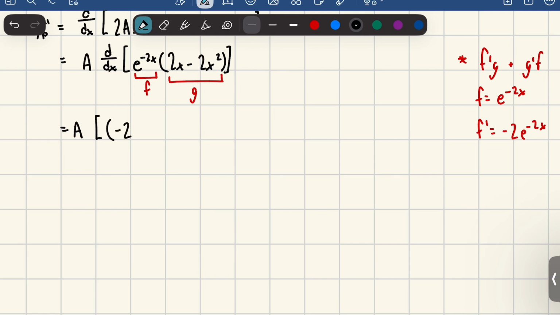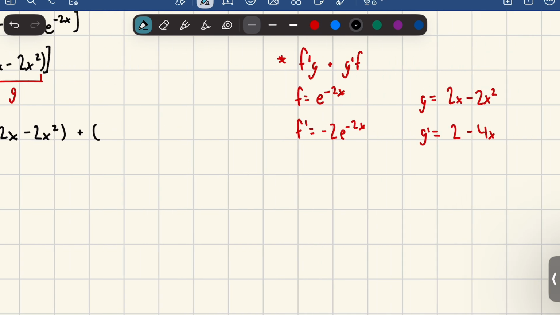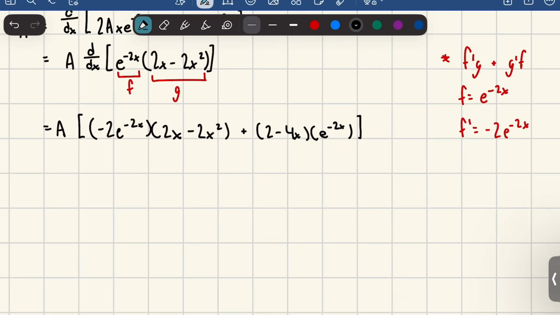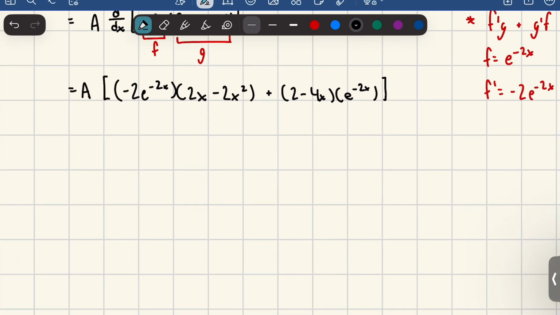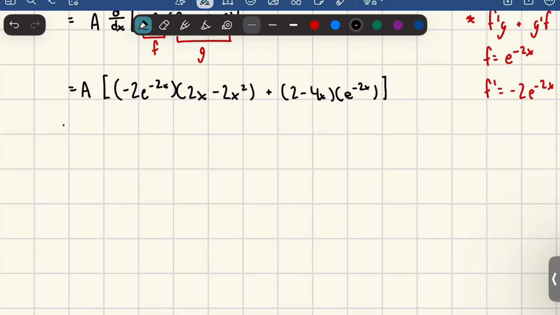f prime. I feel like now I could take out e, because it's going to be attached to everything. Let's see. Exponential functions.